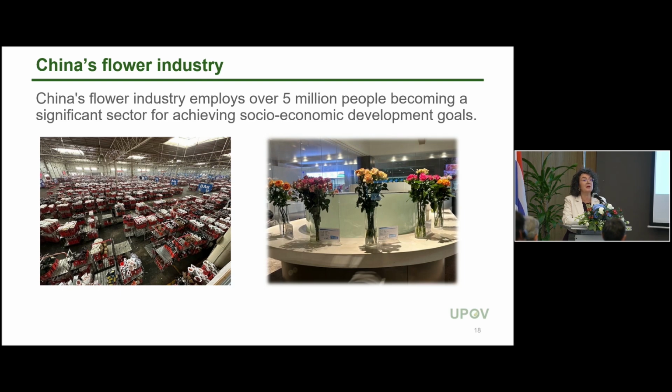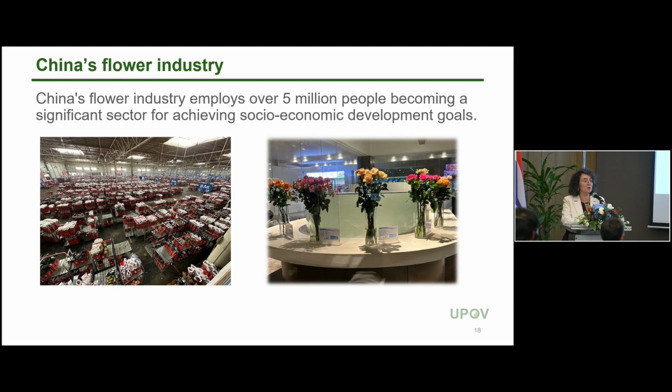I will give you more examples on that and about the Kenyan situation. I'll go into more detail on how that really plays a role for the sustainable development goals. But here I would like to highlight that in China, this industry employs over 5 million people. And this is really a significant sector that affects the growers, the farmers, but also the traders.